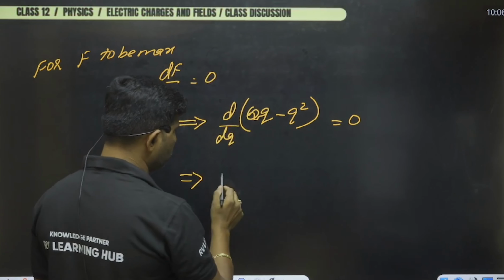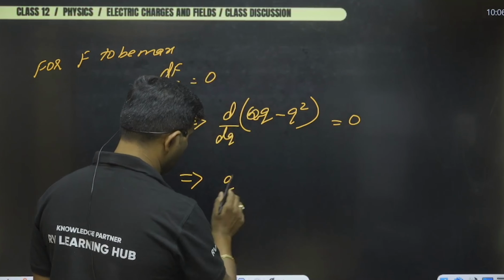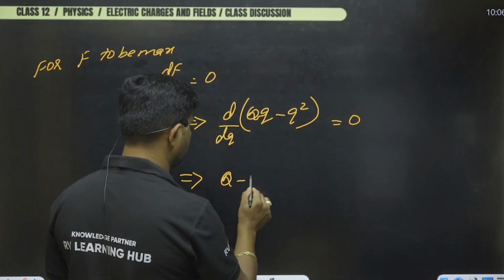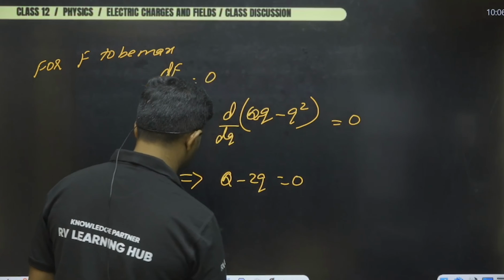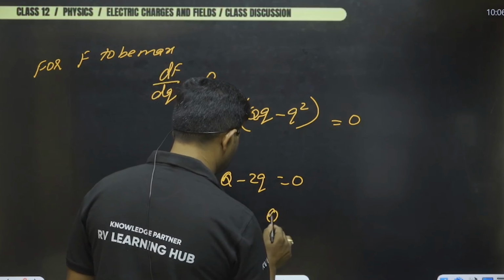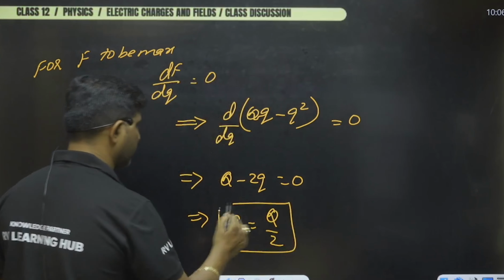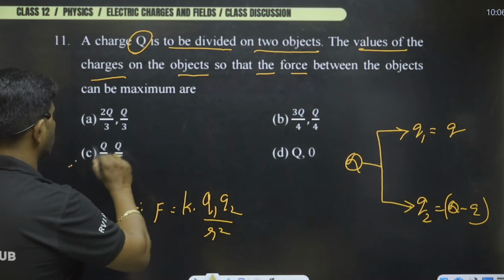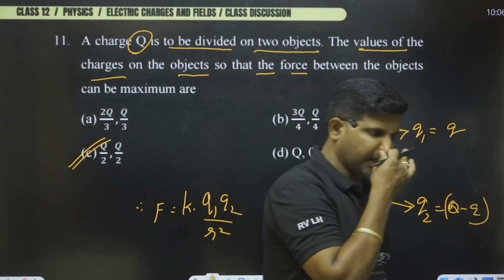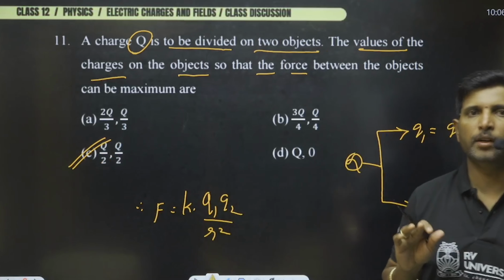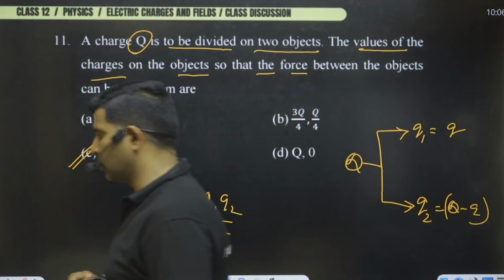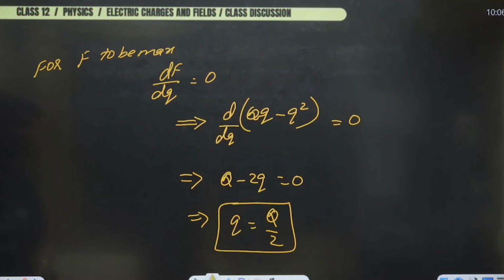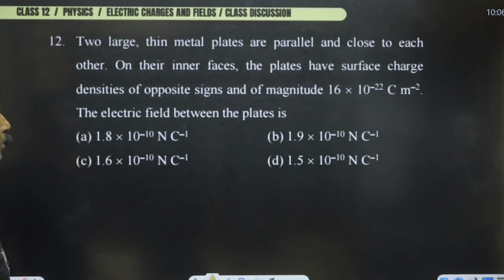Whenever we do this simplification, we will get capital Q minus 2q equal to 0, or small q becomes equal to Q by 2. Therefore, what is the option? We will get it here, Q by 2, comma Q by 2. Hence, option C is the right answer. Or you can remember it as a direct formula, no issue in that. So let us see the next question.